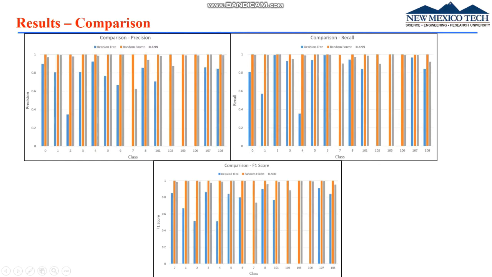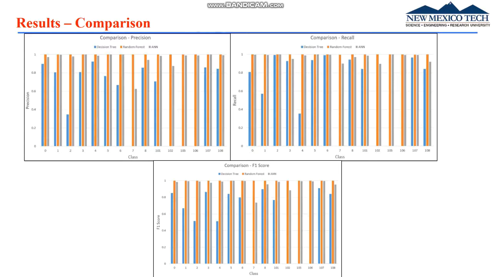In order to wrap things up, we would like to compare the three algorithms in terms of precision, recall, and F1 scores. You can see in the first graph, we compare the precision of the three algorithms, and the random forest and artificial neural network perform very well compared to the decision tree.